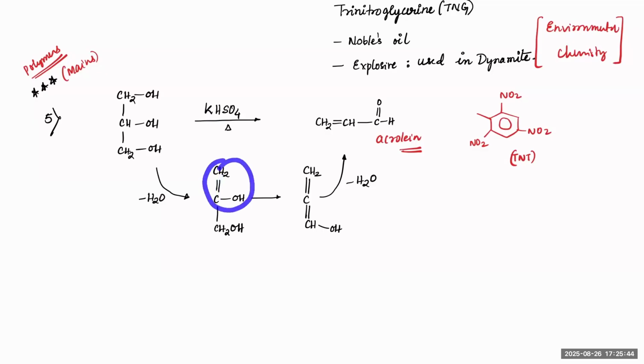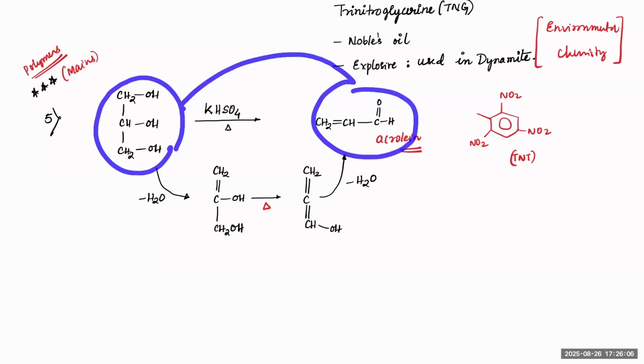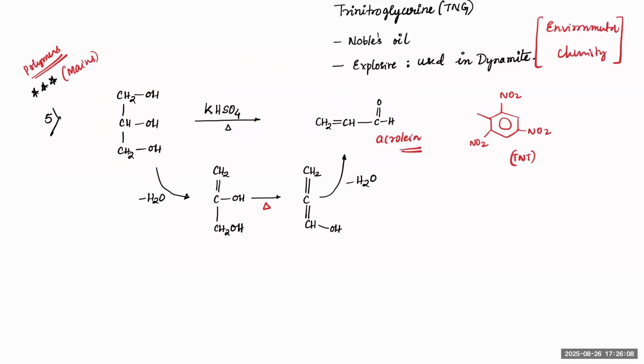This enol will convert into ketone, but on further dehydration, you can always think this way, that this OH and this H can be gone and again a double bond can be formed. So you'll get enol at this position, which on tautomerism will give you the keto form, which is acrolein. So from here, you can get acrolein directly using KHSO4.